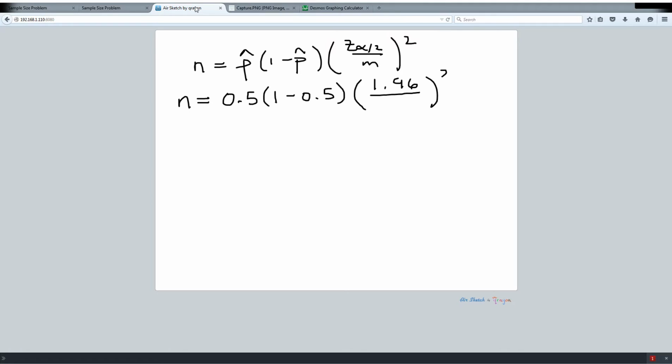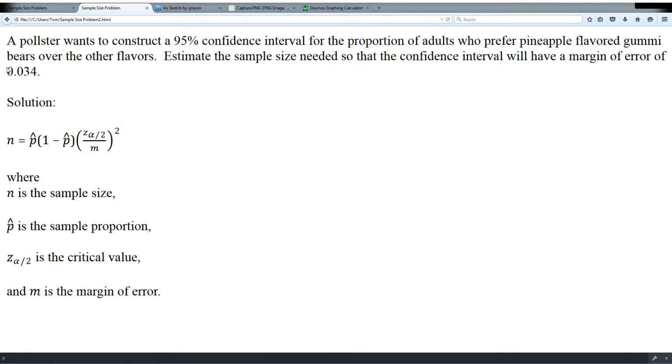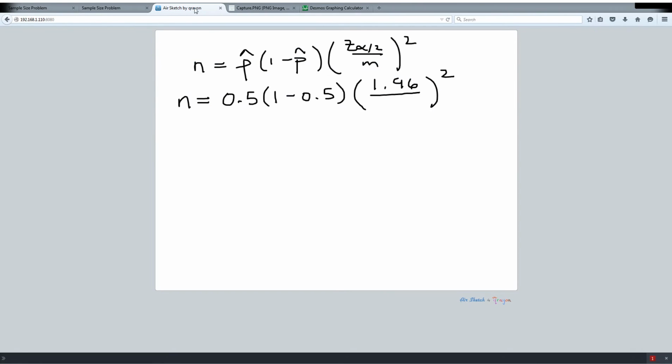And now the margin of error that we wanted to guarantee was 0.034. So 0.034 goes in there. So that's the calculation that we would make, right?